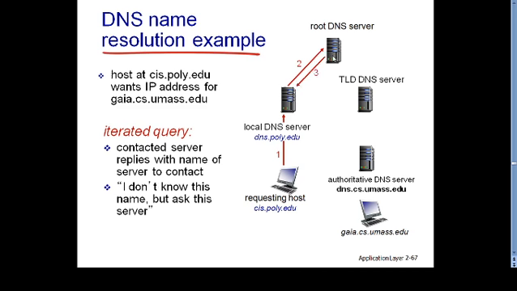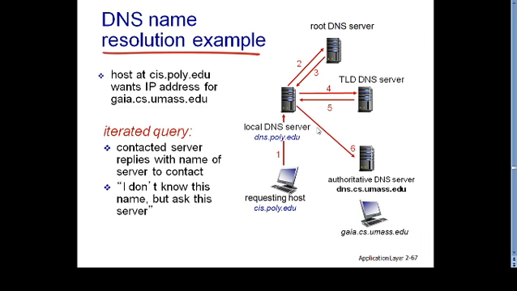Then the root DNS server will respond back to the local DNS server with the IP address of the top level domain server. Then this local DNS server, on behalf of the client, sends a request to the top level domain server, and the top level domain server responds back with the IP address of the authoritative DNS server.